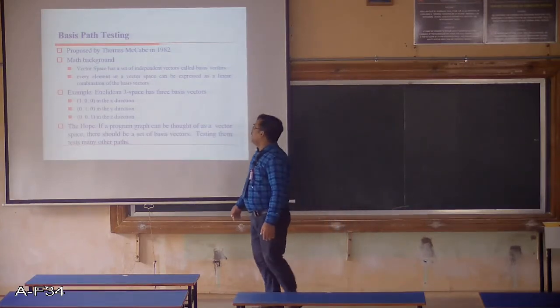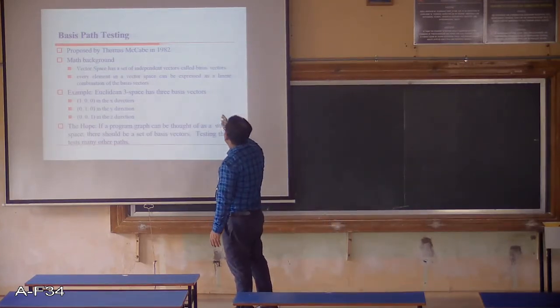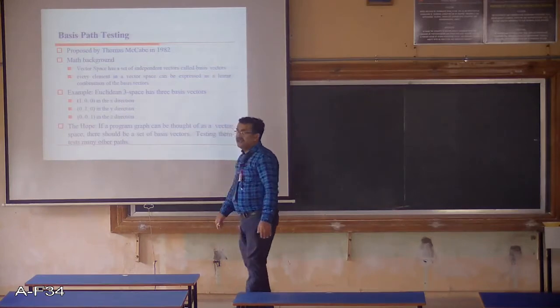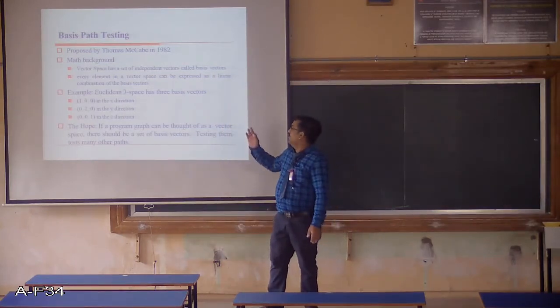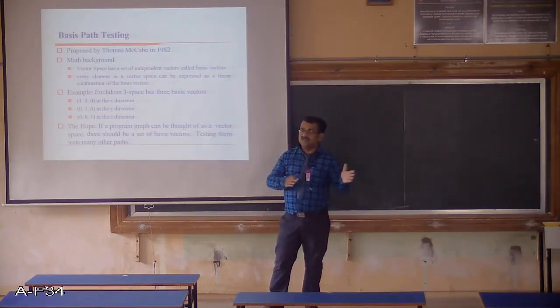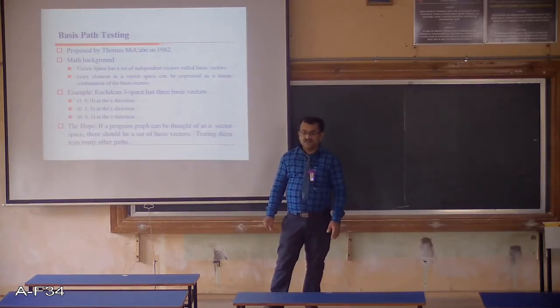Every element in the vector space can be expressed as a linear combination of basis vectors. So a basis vector set is basically a subset of the vector space, whose linear combinations give rise to every possible vector in the vector space.